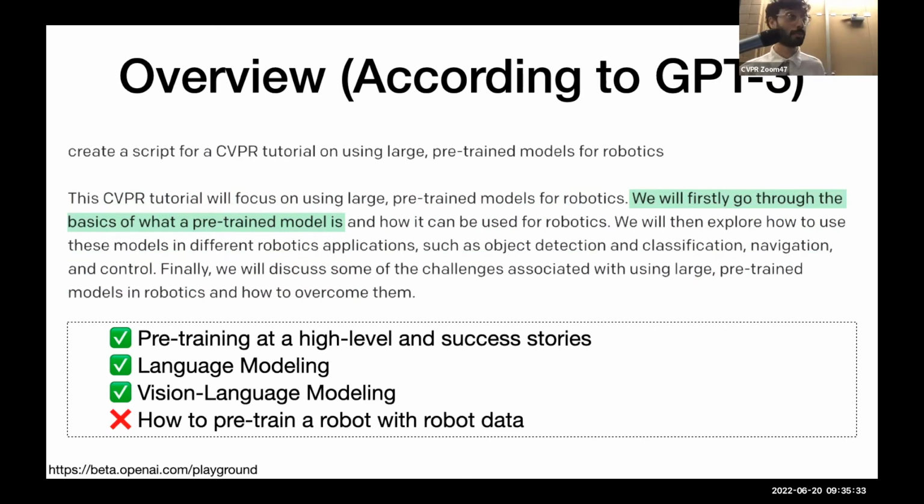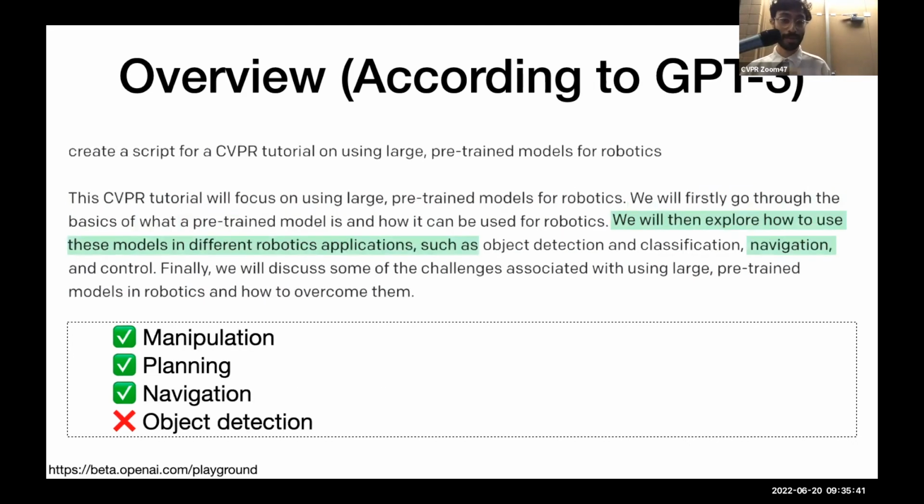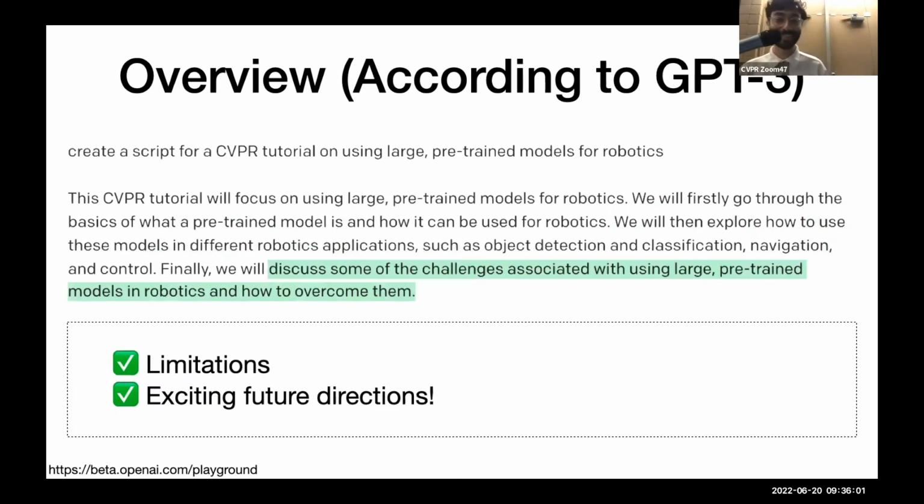This is a super exciting direction and something that I think we should all be thinking about, but it's not within scope for this talk. Next, I'm going to talk about a few applications of these existing large pre-trained models, specifically for manipulation, planning, and navigation tasks. GPT also wants me to talk about object detection, but I'm not going to do that. And then finally, I'll talk about a few limitations and some exciting future directions, hopefully inspiring many of you to start working along this direction.